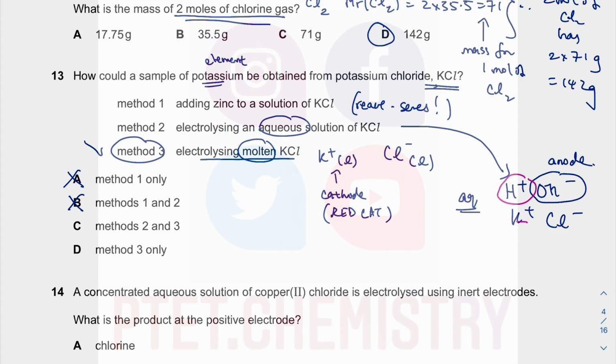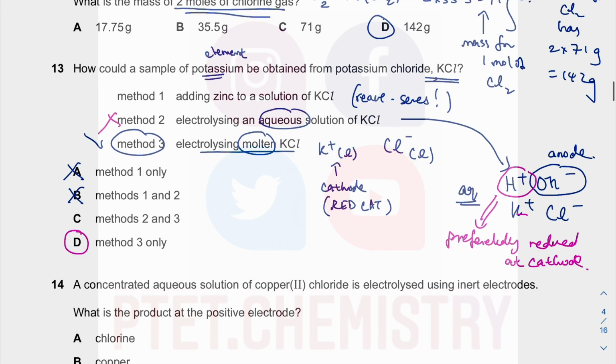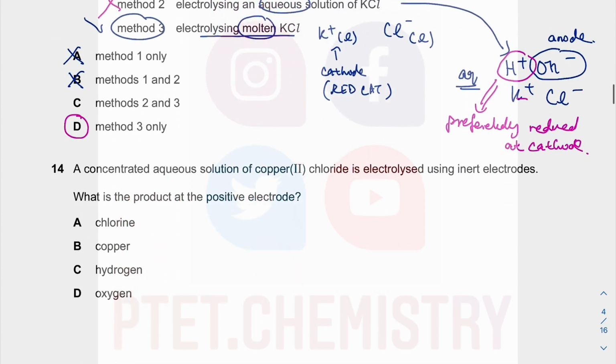It will be preferentially reduced at the cathode because potassium is such a reactive metal that it doesn't prefer to be reduced. This one prefers to be reduced compared to the K plus, and the only way you can get potassium is if you only have K plus without the H plus being present. So 2 will not give you potassium at the cathode, it will give you hydrogen at the cathode. So only method 3 is correct. I mean, only method 3 can give you the potassium.